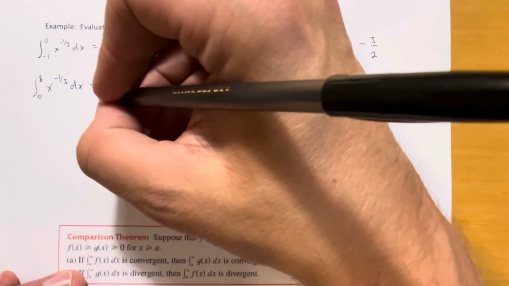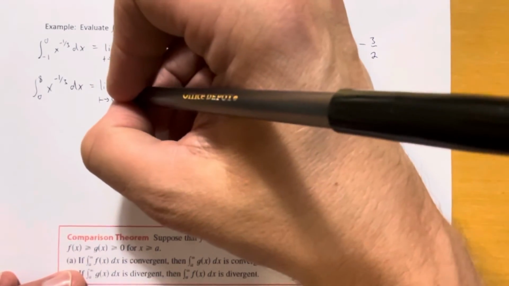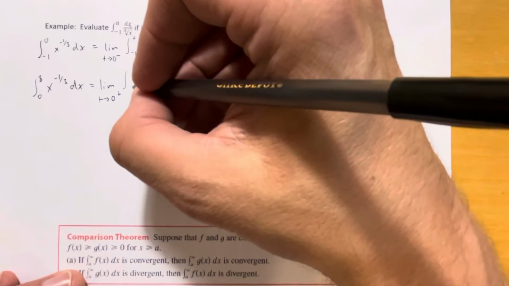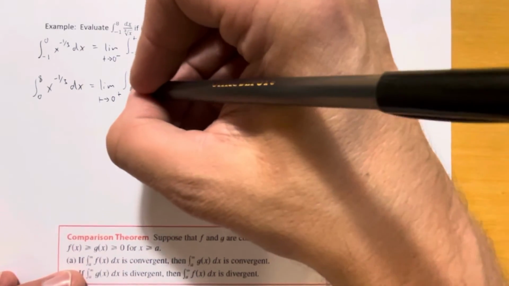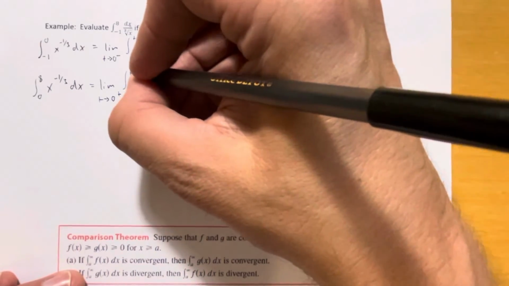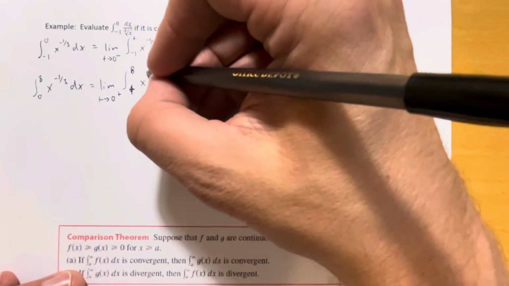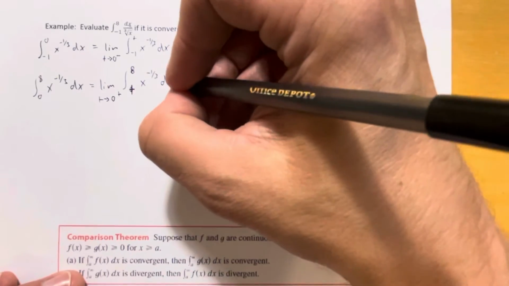Okay, let's follow similar steps here. This time I need a limit as t approaches 0, but from the right of this integral, 0 to t. Oh, I'm sorry, t to 8. I switched around where the t shows up. x to the -1/3 dx.